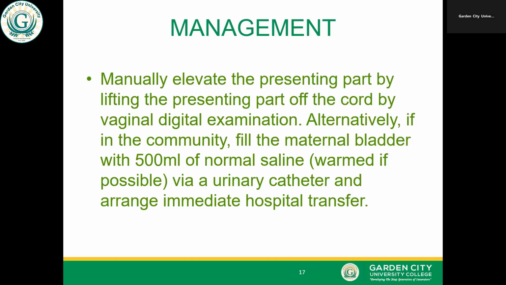Sister, please, you pass the urinary catheter into the bladder. But this time, instead of draining the urine, you will tie the part where the urine will pass to come out. And then you will fill the bladder with normal saline. You connect the normal saline into the catheter and then tie where the urine is supposed to pass to come out.